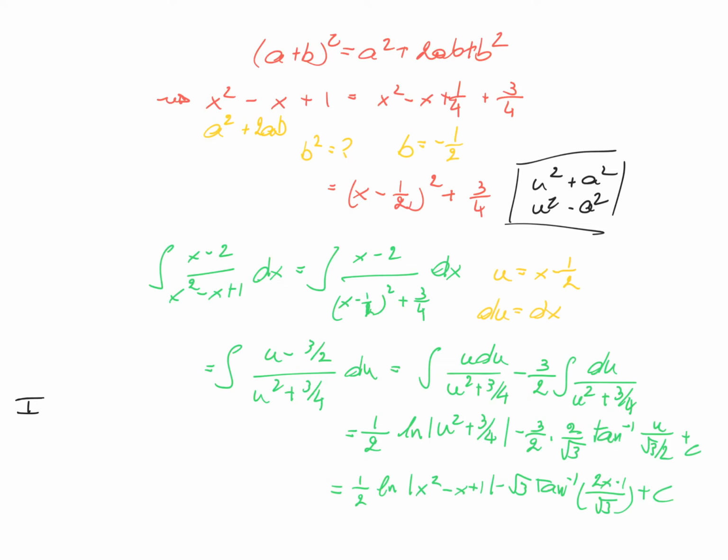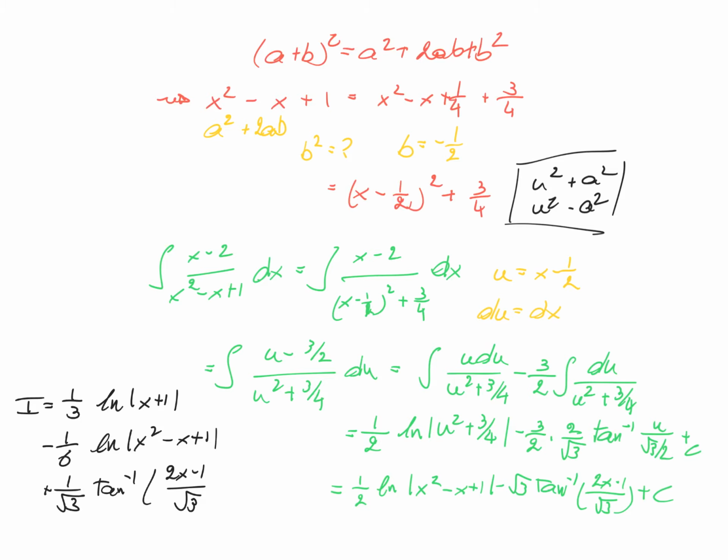And so the final integral becomes 1 divided by 3 ln of x plus 1 minus 1 over 6 times the ln of x squared minus x plus 1 plus 1 over root of 3 times the inverse tangent of (2x minus 1) divided by root 3 plus a constant.